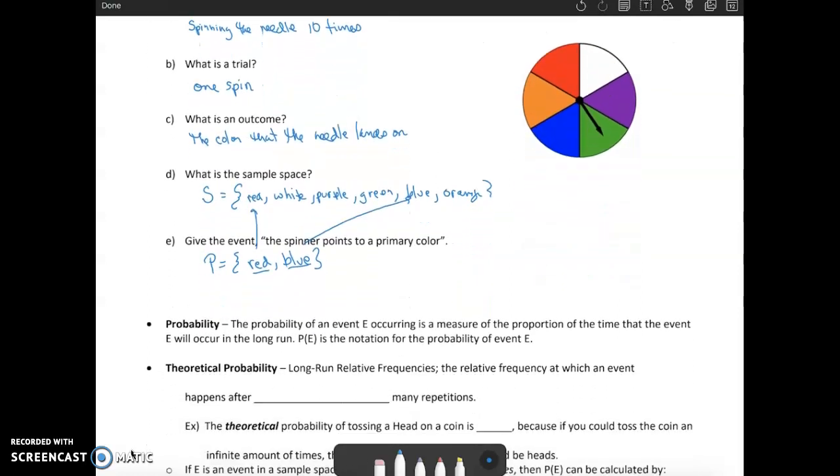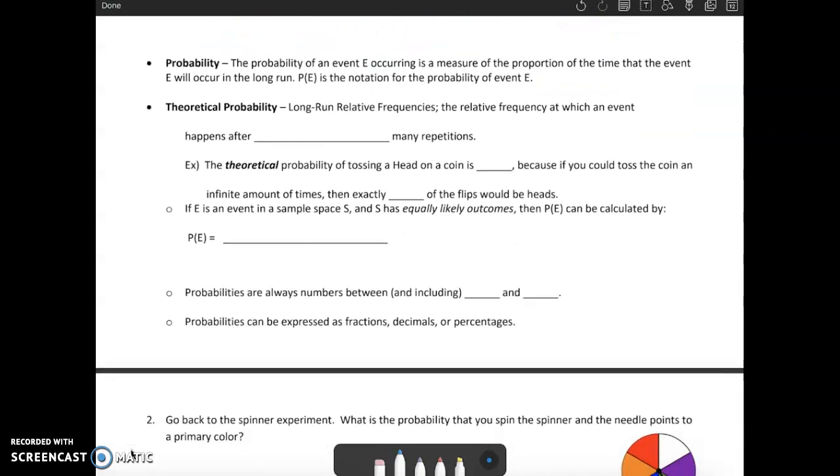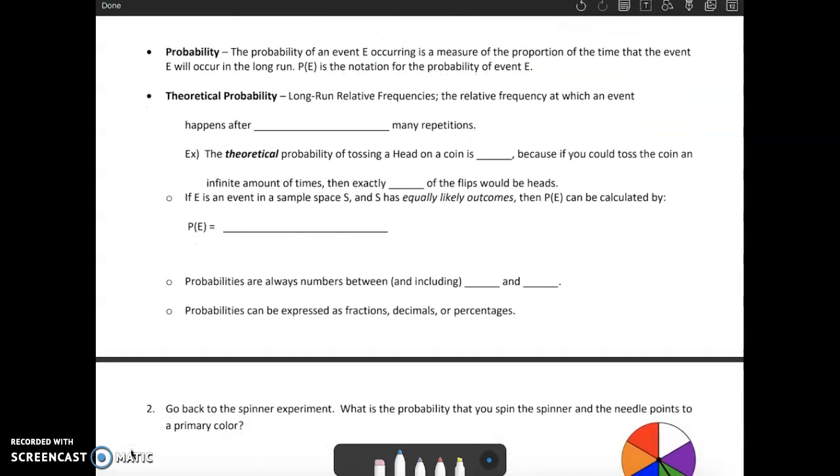Okay, what is probability? The probability of an event E occurring is the measure of the proportion of the time that the event E will occur in the long run. The notation is P parenthesis E, or read P of E, is the notation for the probability of the event E. Okay, there is what we call the theoretical probability.